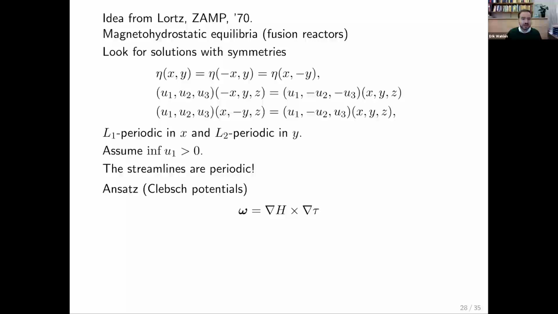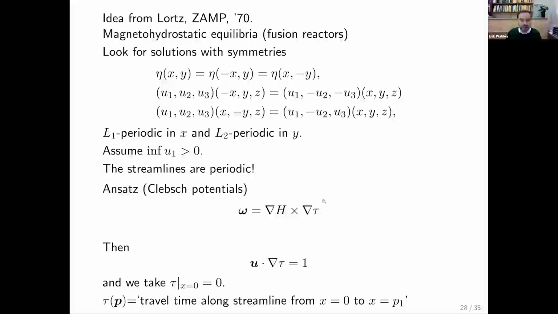Okay, and then following Lortz, we make this ansatz, which is true in general whenever you have a divergence-free field. It can always, at least locally, be written as the cross product of two gradients. And we make this ansatz globally, where h is the Bernoulli function. And then this function tau has to satisfy this relation.